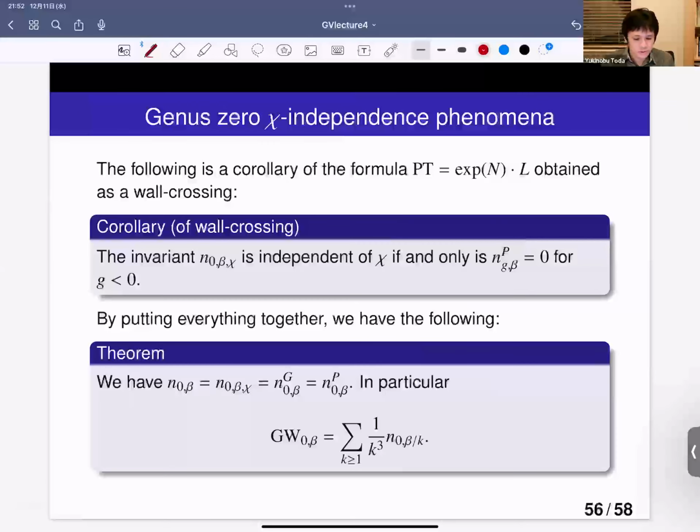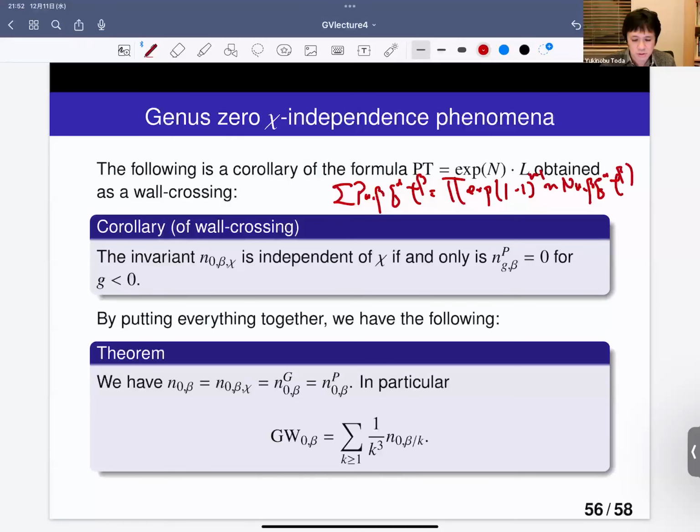As I said, I explained this formula, that the generating series of PT invariants is the exponential of the generating series of other invariants.